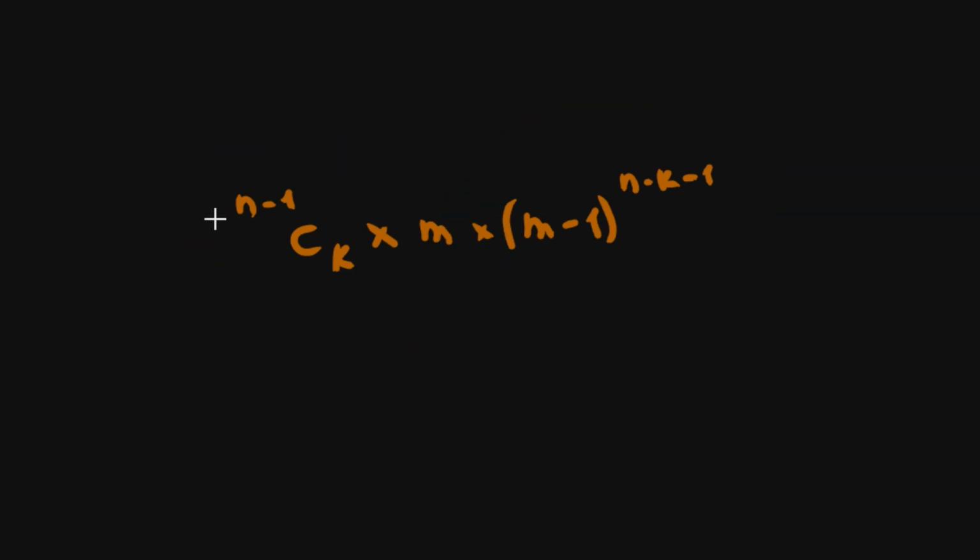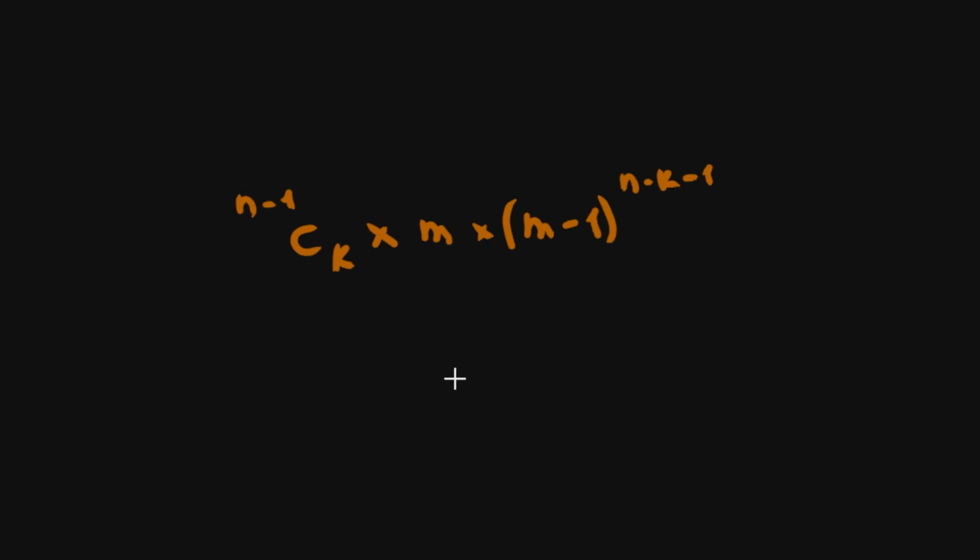For the first part, we do n minus 1 ck times m, and for the second part, we do n minus 1 because we are subtracting the m that we are using here, m minus 1 to the power of n minus k minus 1. Remember, here we are subtracting the pairs that we used here.